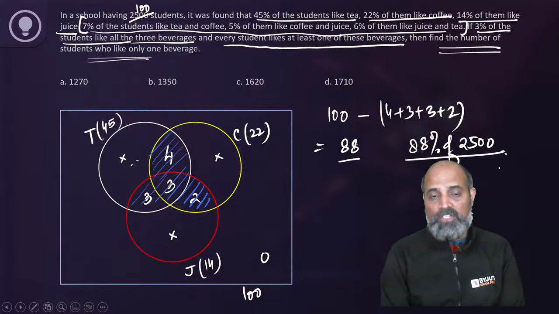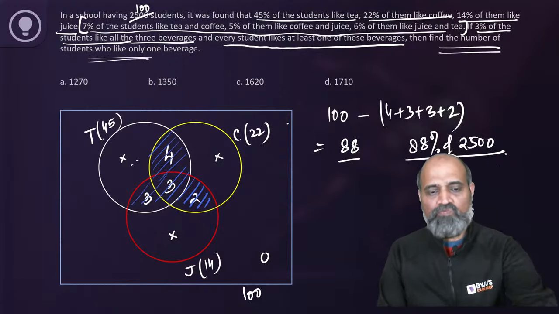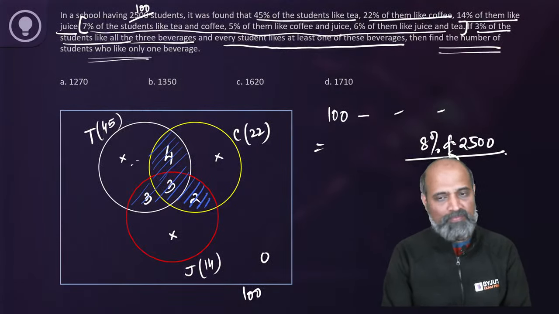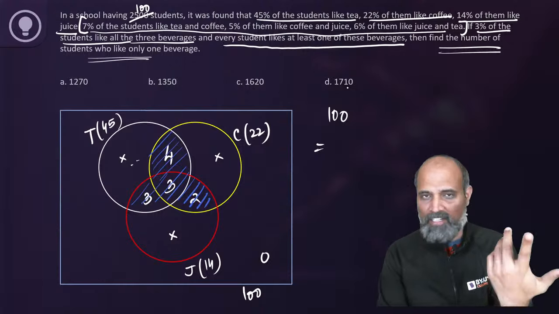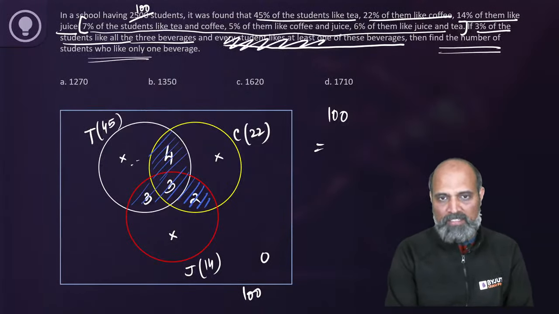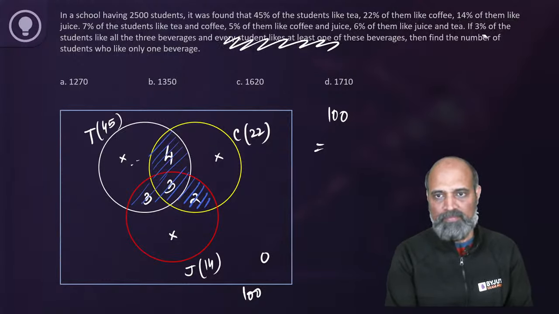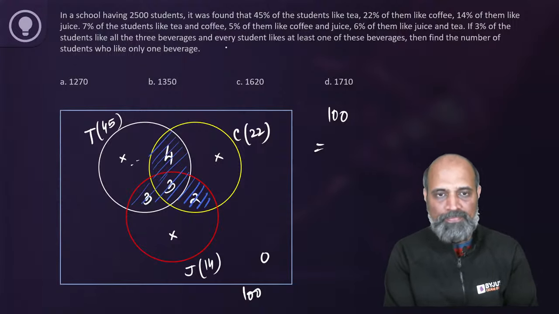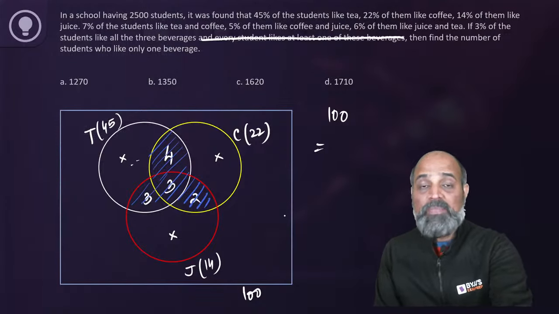So just give me a moment. Even if I take that as 41, that is not going to change it. Okay, what I will do right now is, see, none of the options is matching. I'm erasing this part, because 100 is not coming.